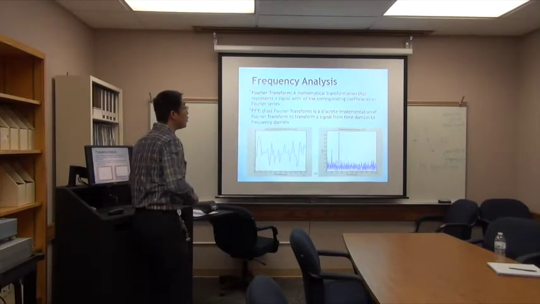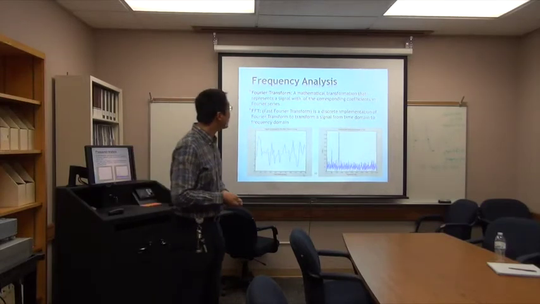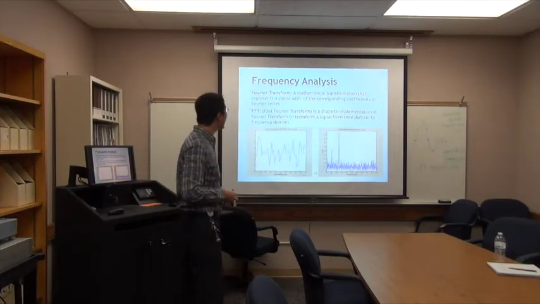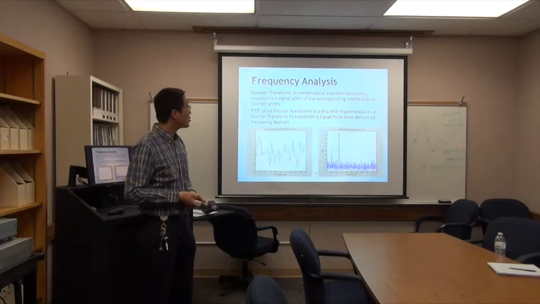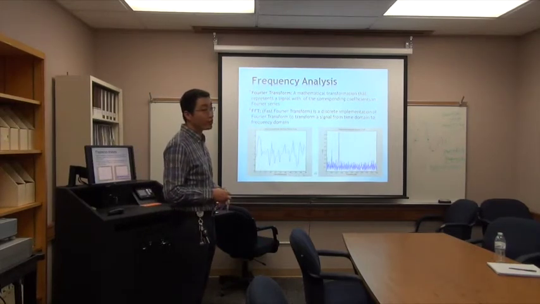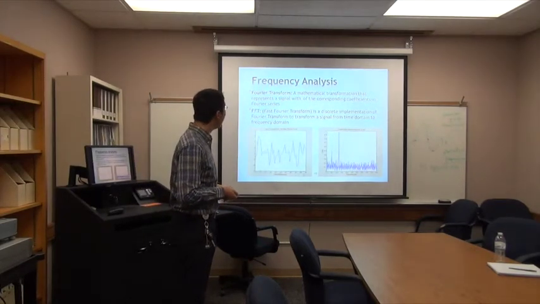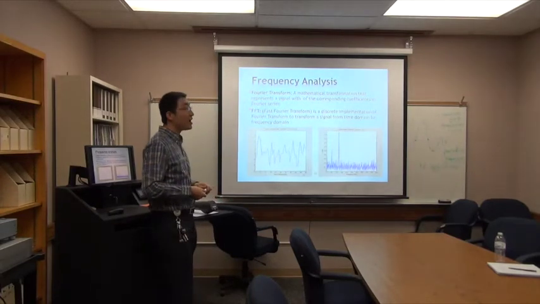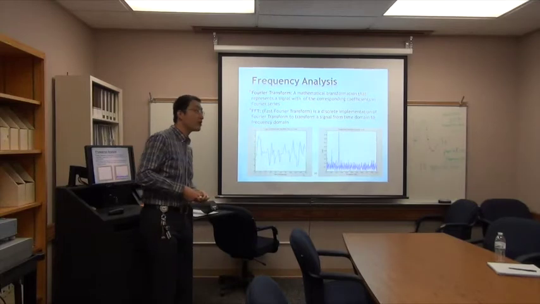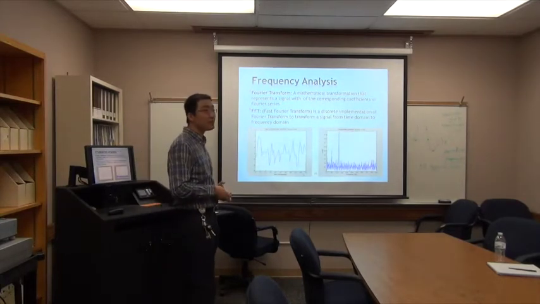Now, the official definition of a Fourier transform: a mathematical transform that represents a signal with the corresponding coefficients in the Fourier series we just mentioned, right? Now, what about the fast Fourier transform, FFT? You've probably heard about it many times.